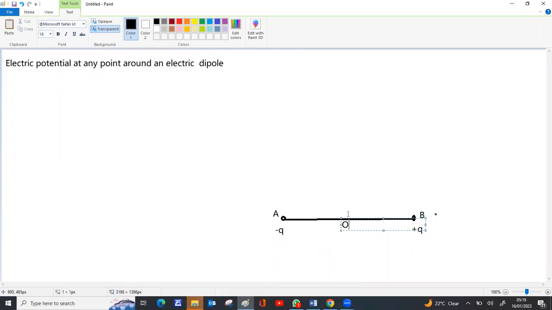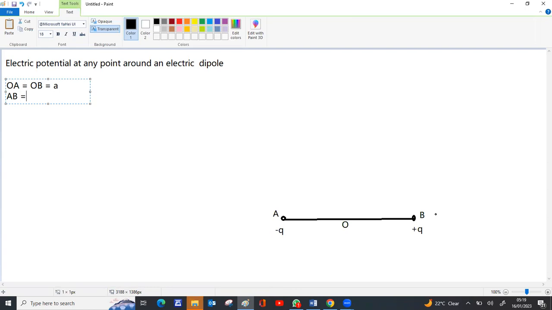O to A distance is small a. O to B is also small a. So AB equals 2a, so OA equals OB equals a.